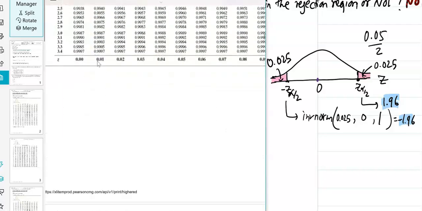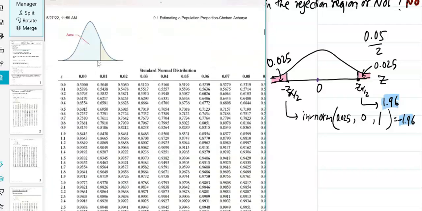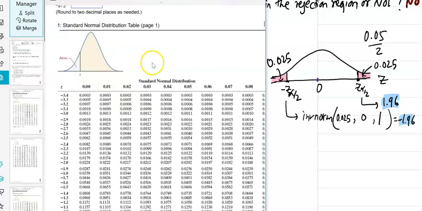To find the left, I'm going to find another graph here. See, this area here is similar to this area. Everything here is given as a left area on the tail. So I'm looking for 0.025 here on the list, and I'm going to read that number on this side, the heading number, this and this.